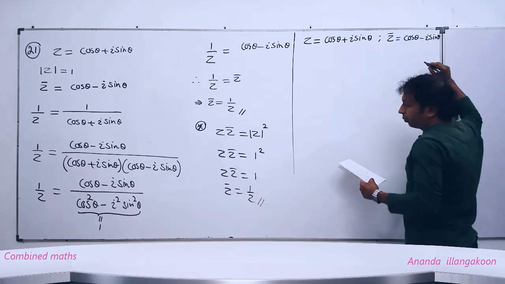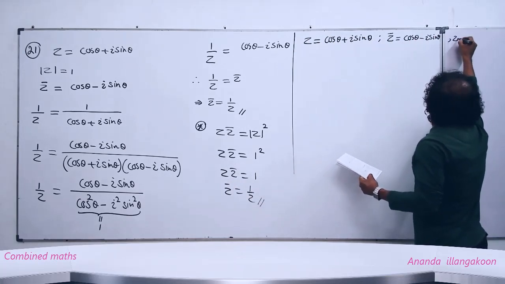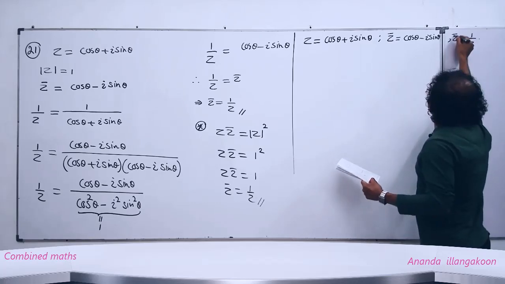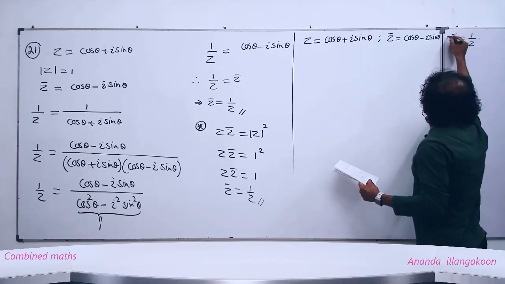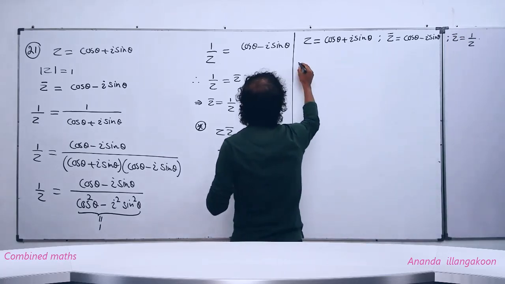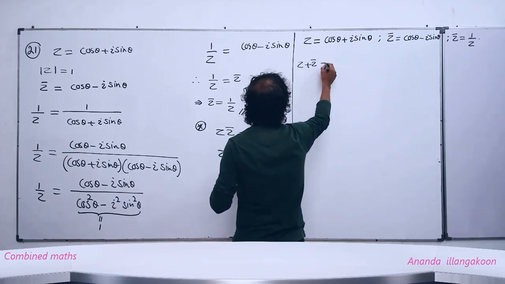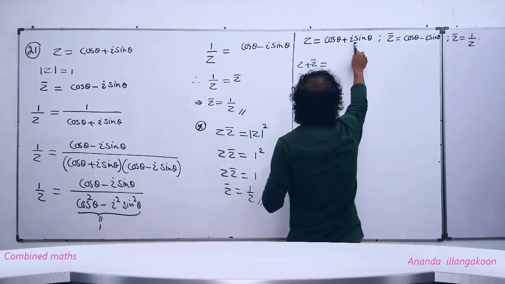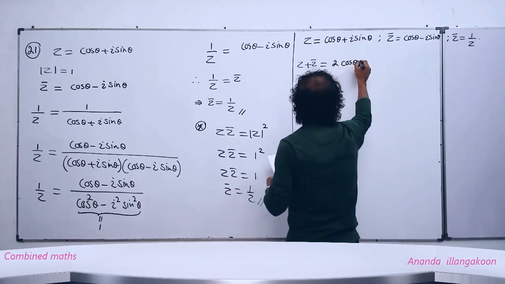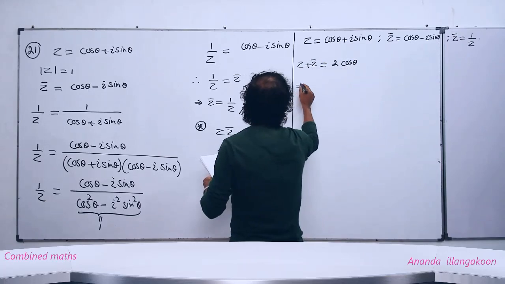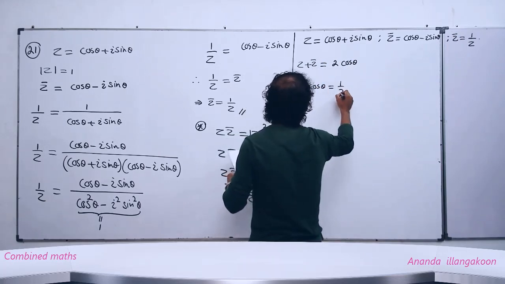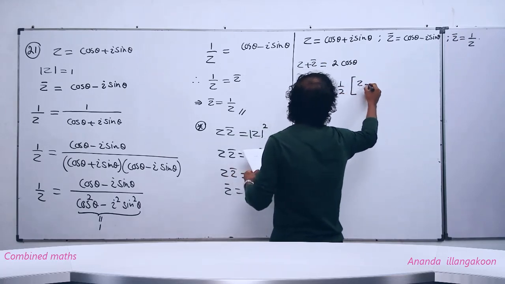And just now we proved z bar is equal to 1 upon z. Now, if I add z and z bar, z plus z bar, the i sin theta and minus i sin theta will cancel off. This is 2 cos theta. That gives us cos theta. This 2 comes here, half of z plus z bar.